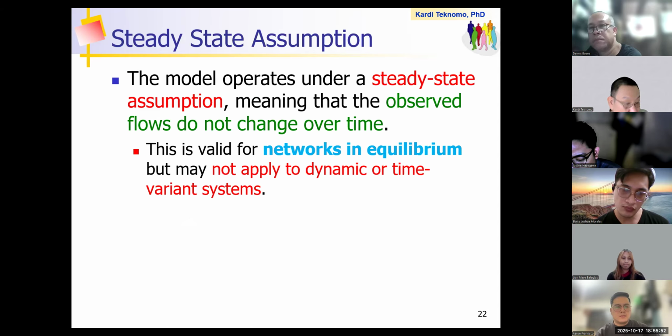If you want to know the actual time, that's a totally different study, which is much more complex. Static equilibrium and steady state are simpler. Simpler does not mean lower class, man. It can be higher class, but with that assumption, you need to know what is applicable and not applicable.